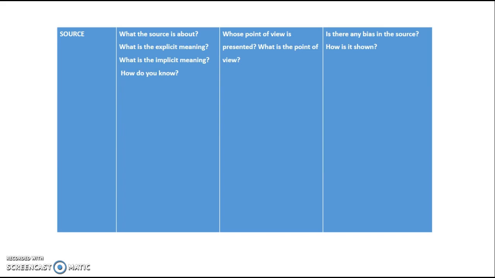Notice it's not a lot of mention of women or of Indigenous Australians. Is there any bias? Most certainly. The bias is racially based, that the white race, and particularly white men, are superior to all other groups. Go back and look at the language and you'll see how it's shown. It's similar to the implicit meaning language.